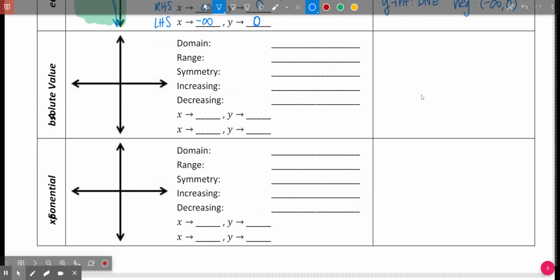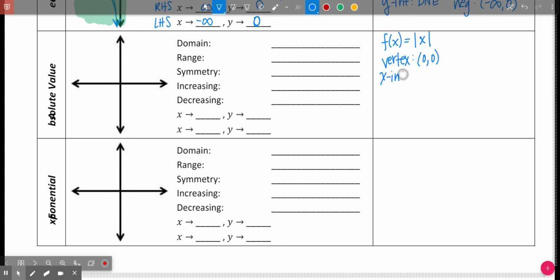The next function is the absolute value function. The parent function for absolute value is f of x equals the absolute value of x. The absolute value function has a vertex very similar to that of a quadratic, and it's located at 0, 0.